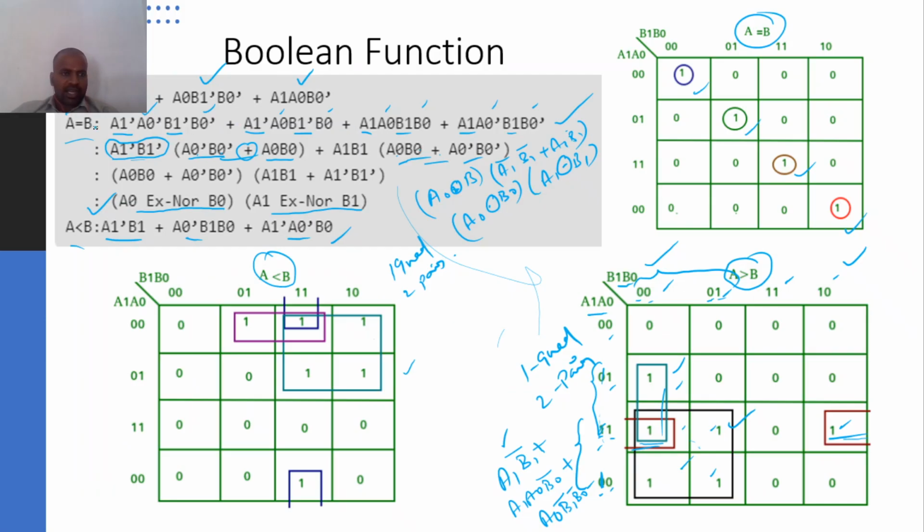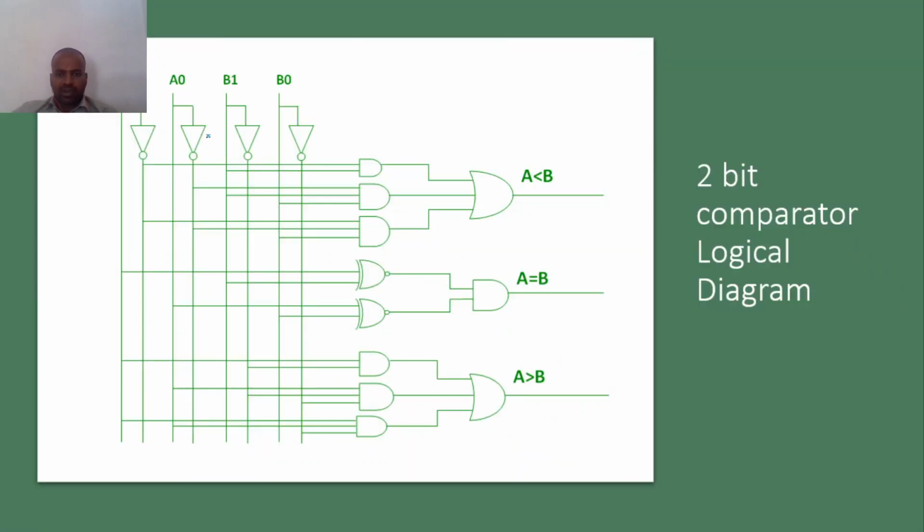First, for a greater than b, how many gates are needed? Here one AND gate, here one AND gate and here one AND gate. So totally 3 AND gates are needed, and 1 OR gate is needed for a greater than b. Okay, and take the inputs from the corresponding lines. This is the a1 line and this line is a1 bar, this is a0 and this line is a0 bar, this is b1 and this is b1 bar and this is b0 bar.